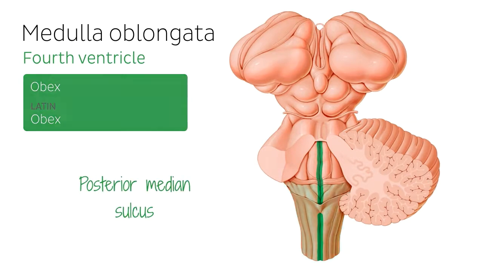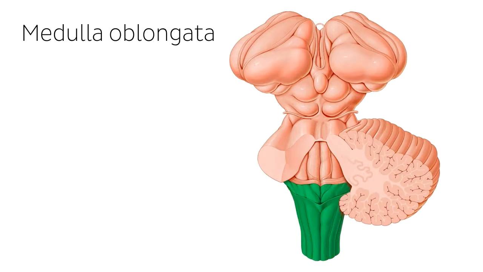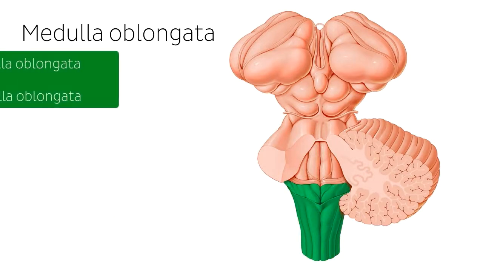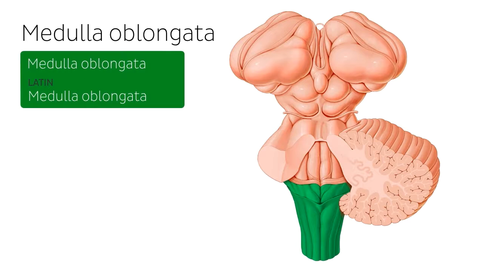So as we've mentioned, the medulla oblongata is the most inferior portion of the brainstem and can be considered its terminal portion. Superiorly, it's connected to the pons, and inferiorly, it becomes the spinal cord at the foramen magnum.